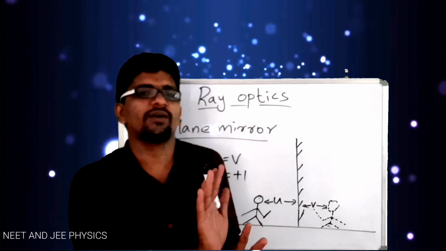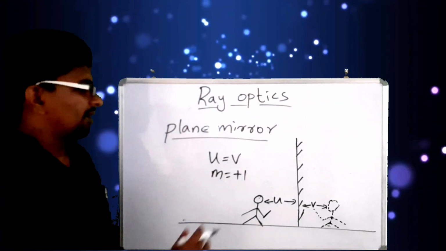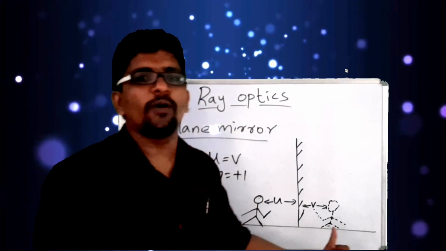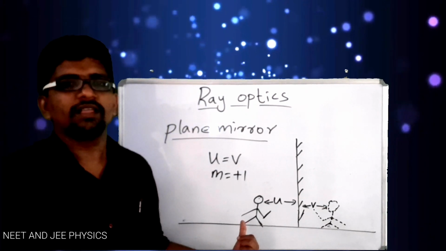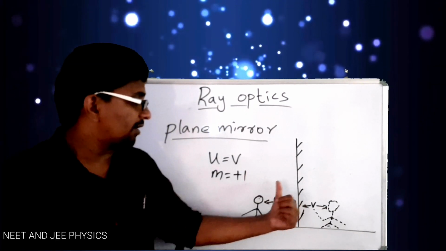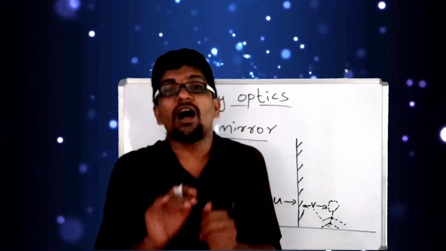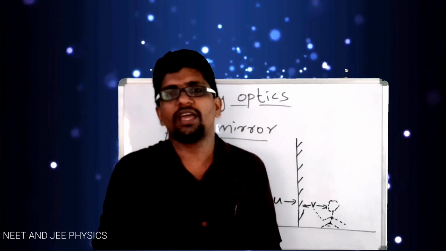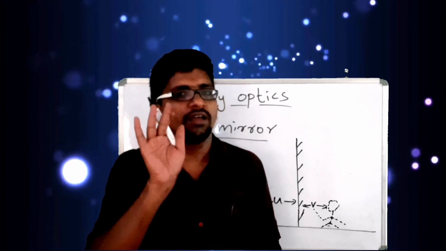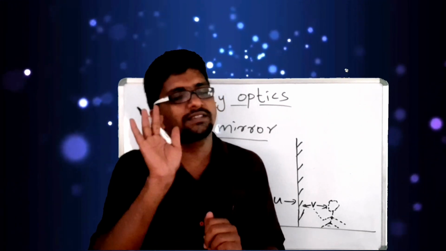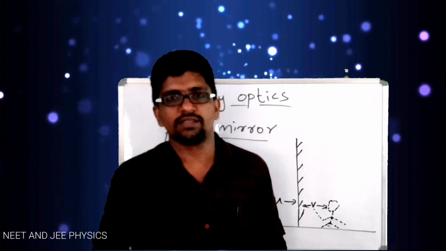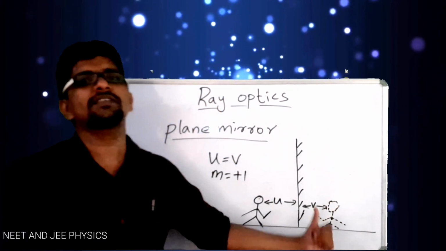So a real image is always formed in front of the mirror. And one more thing, a real image in front of the mirror is always inverted.